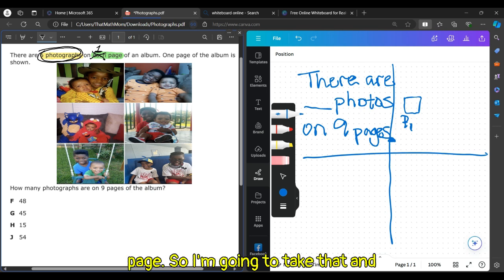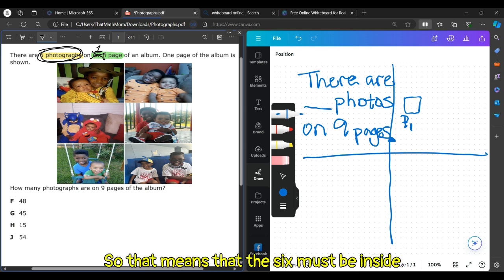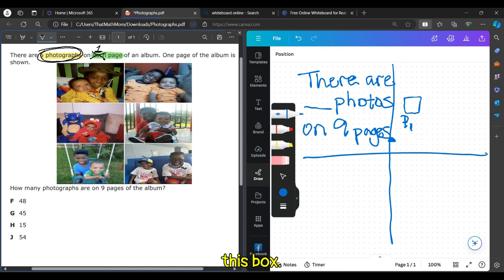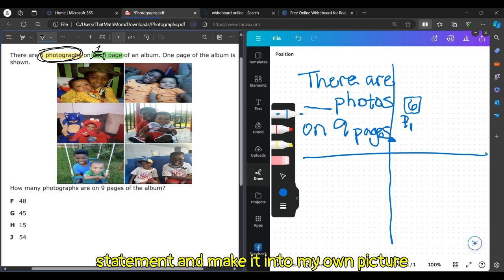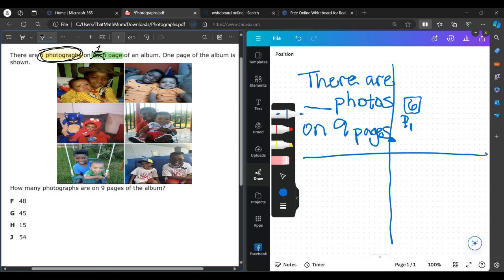So I'm going to think about where in this picture I would represent that 6. Well, the photographs are on the page, so the 6 must be inside this box. So this is how I would take that first statement and make it into my own picture. On one page, there are 6 photographs.